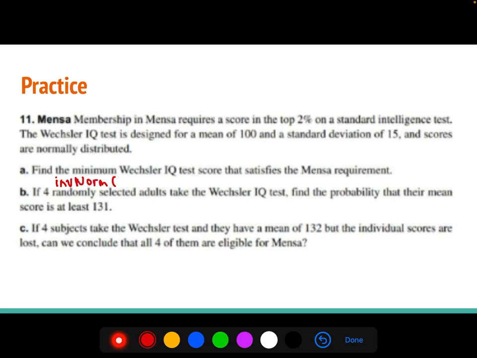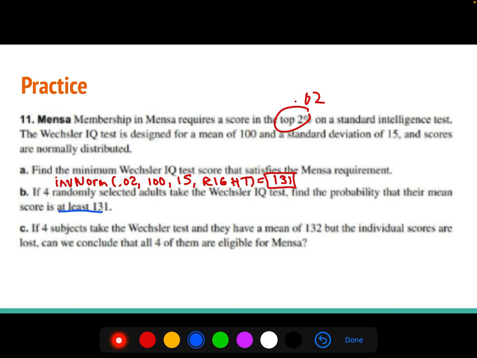So we want the inverse norm because we want the score. And it's top 2%, so that's 0.02. And it's 115, and to the right is a score of 131.